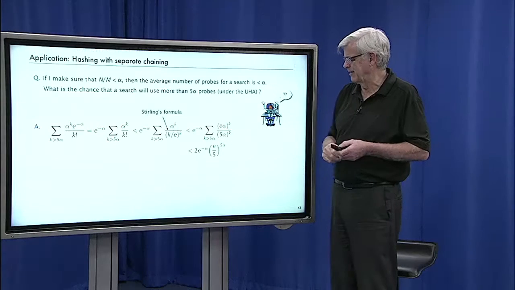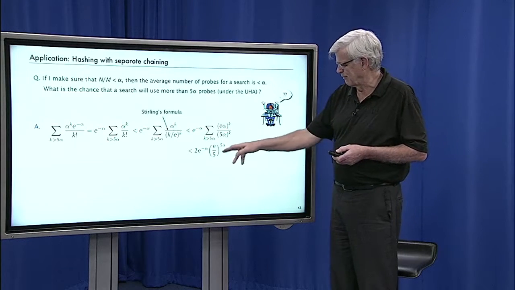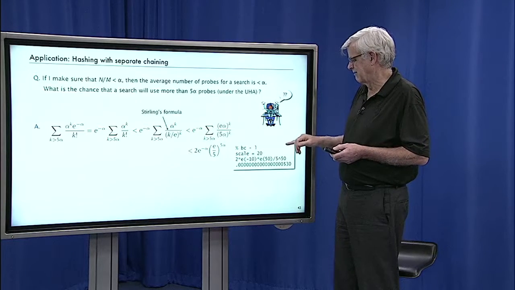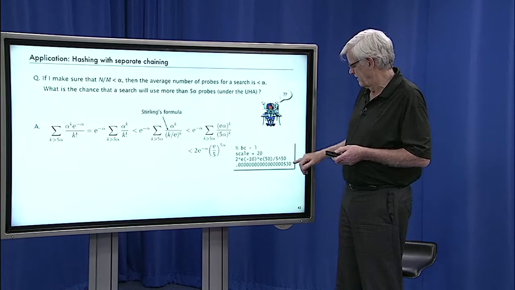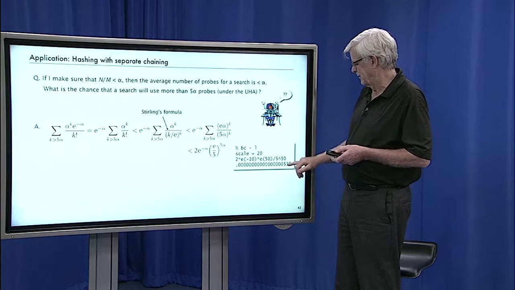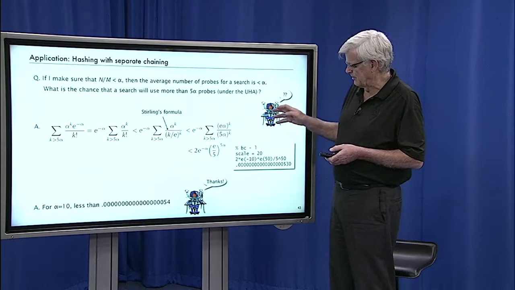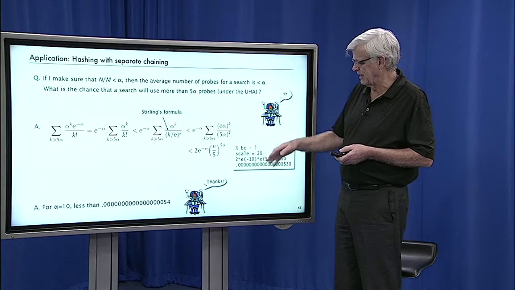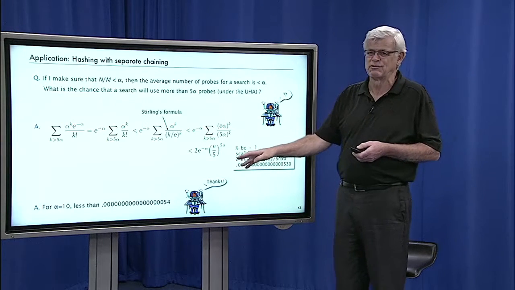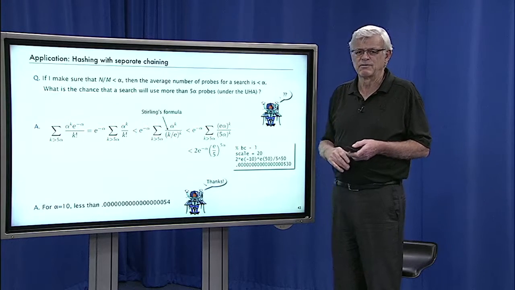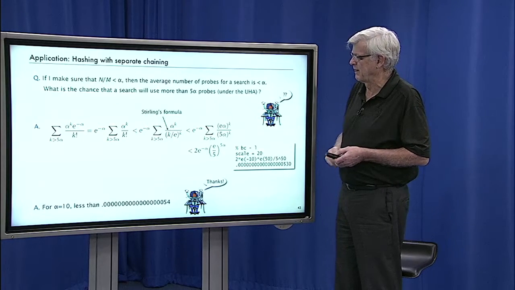It's something like e to the minus alpha times e over 5 to the 5 alpha. And say for alpha equals 10, that's about 15 zeros, 10 to the minus 15. So you can say to the programmer that if you take alpha equals 10, this is extremely, extremely unlikely to happen. And that's the kind of information the programmer needs.